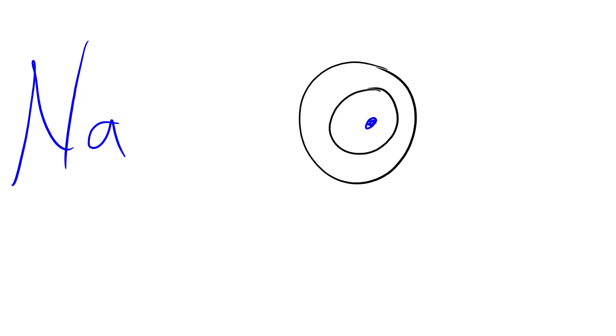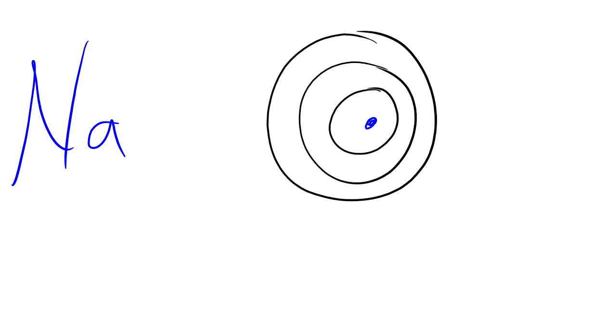Okay, let's see sodium. This is sodium. The electronic configuration of sodium is something like this. This is the nucleus. You have the first shell, you have the second shell, and you have another shell. This first shell contains 2 electrons. The second contains what?